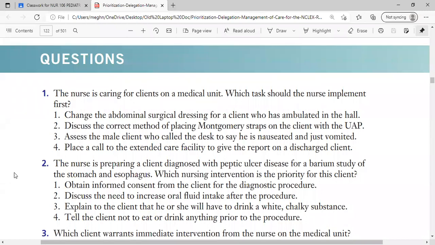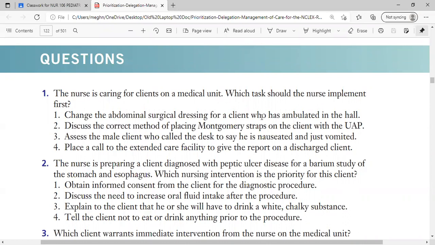So number one said, change the abdominal surgical dressing for a client who has ambulated in the hall.